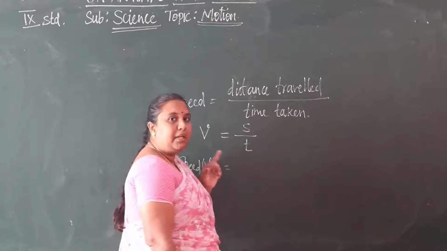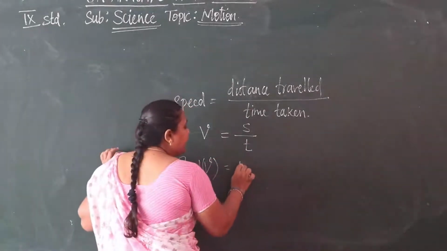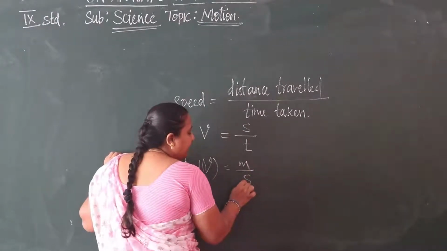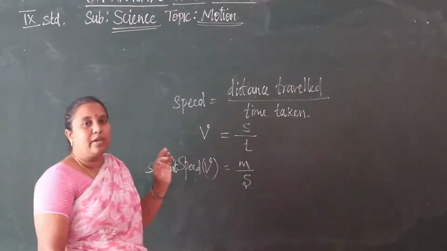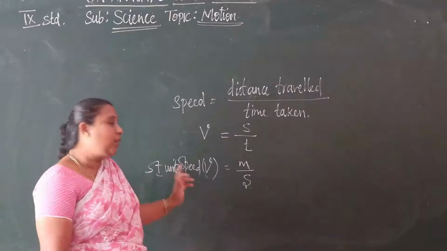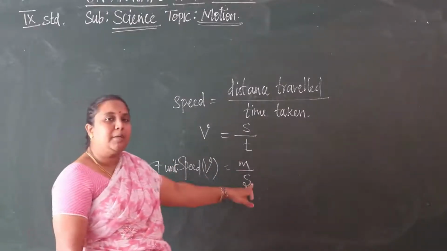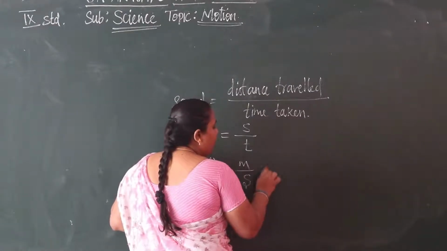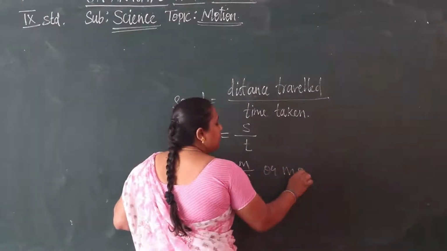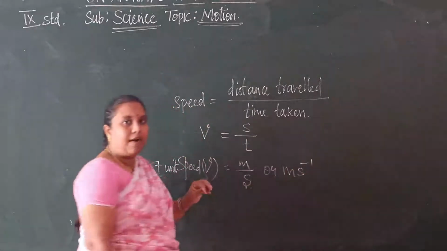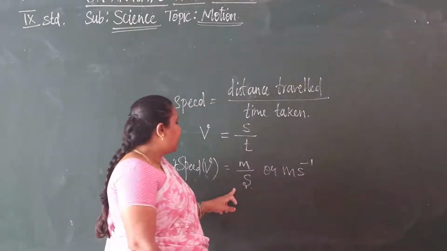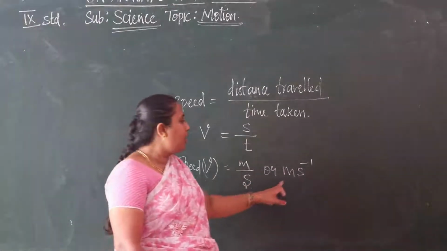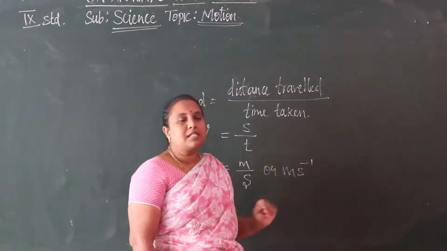Distance is in meters, and time we take in seconds, so the unit is meter per second, or m s power minus 1.